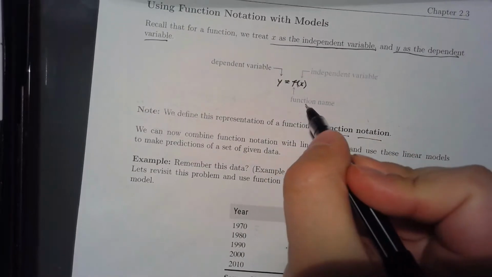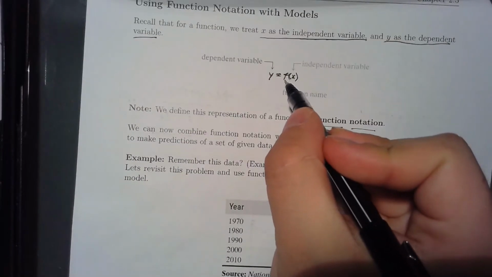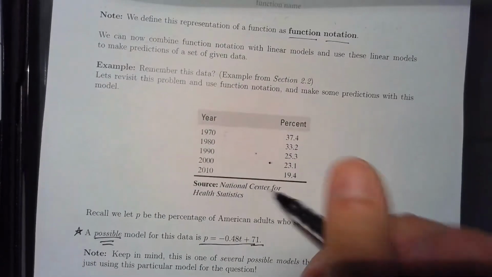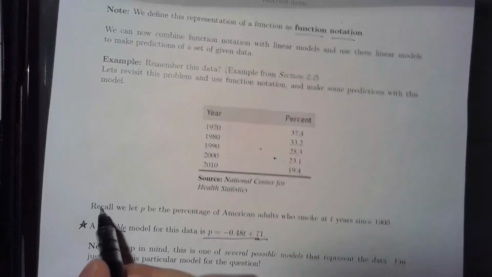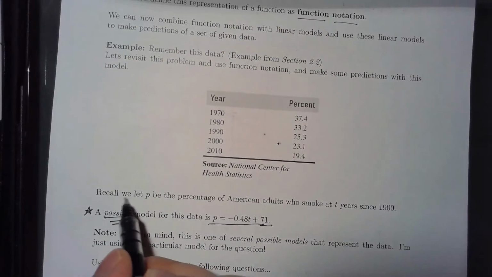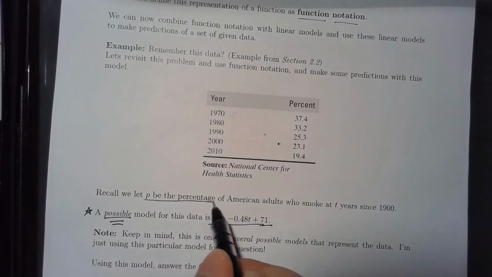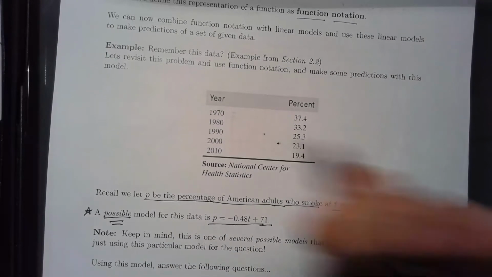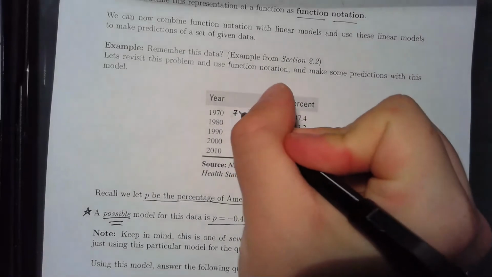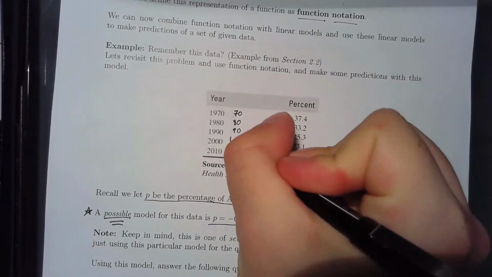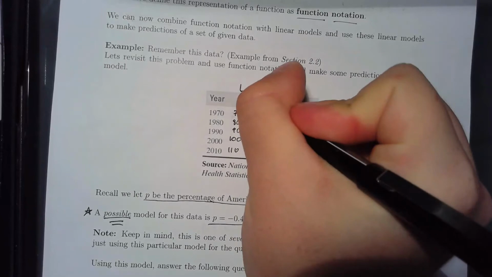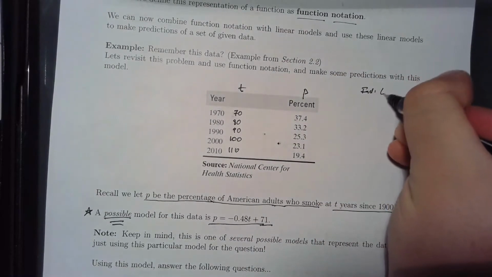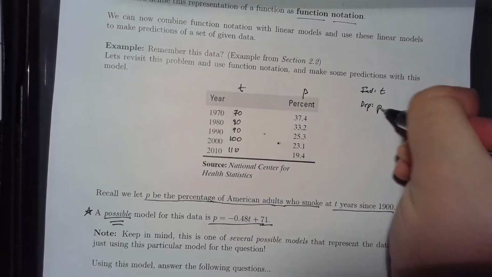Remember, this is the function name, the letter f of x, g of x, h of x, whatever. Now, let me back up a second. Remember we let P be the percentage of adults who smoke, T years since 1990. So when we did it in the previous section, this was 70, 80, and so on. This was the variable T, this was the variable P. Independent was T, dependent was P, right?